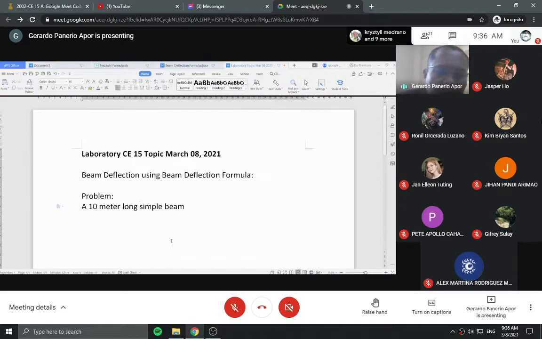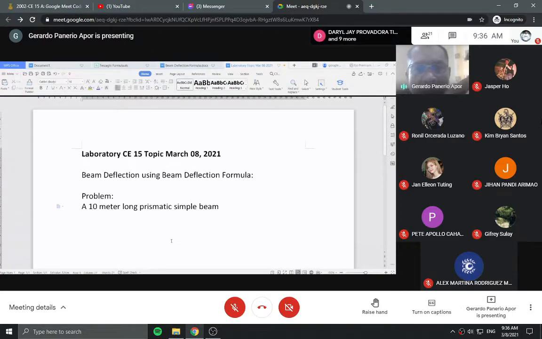We'll just put a description: prismatic. If I see prismatic, it means it has a constant cross-section all throughout. So its moment of inertia is constant, its I is constant. Now, if you are using only one material, like for example wood, then its EI is constant.